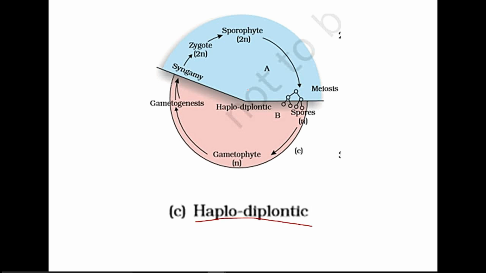It means it has both sporophytic and gametophytic stages of equal length. So here bryophytes and pteridophytes exhibit this intermediate condition. Both phases are multicellular here. However, they differ in their dominant phases.